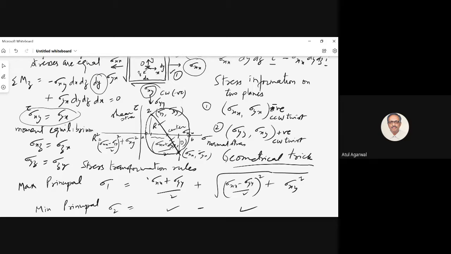So what is the typical feature of this maximum principal value? Shear stress is 0 here. Can you see this? Kevalish? Yes, sir. So shear stress is 0. And you see these points 1 and 2, these two planes were represented by these 2 points. So each point on Mohr circle represents a plane. That is the main thing.